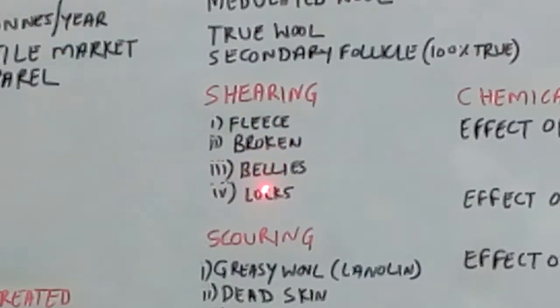Bellies means the fibers grown at the belly part; they cannot be used for good quality fabric or spinning, but can be used for other things. Locks means these fibers are locked to each other, entangled, and cannot be used. So this is a brief on shearing, taking the fibers out from the sheep.